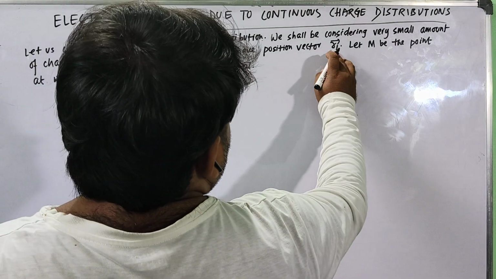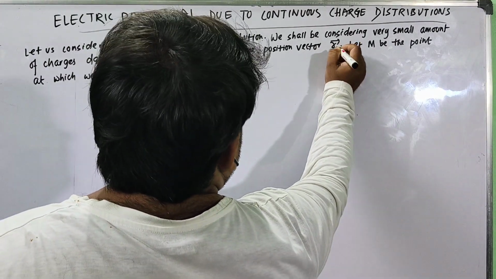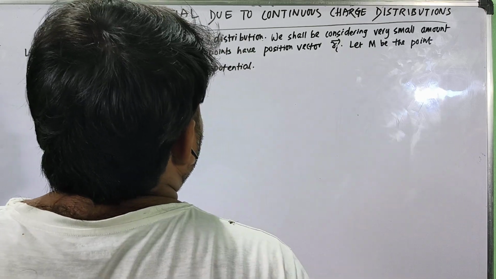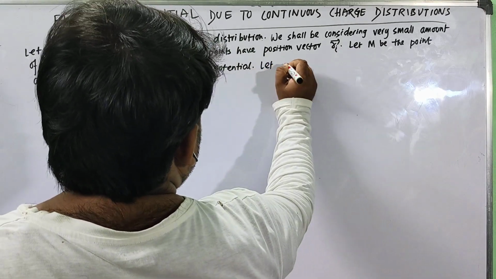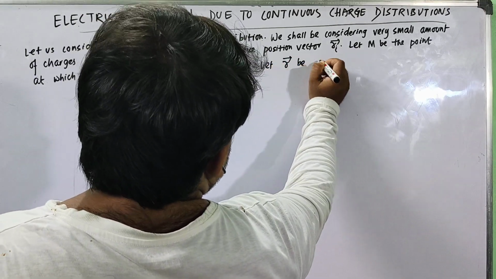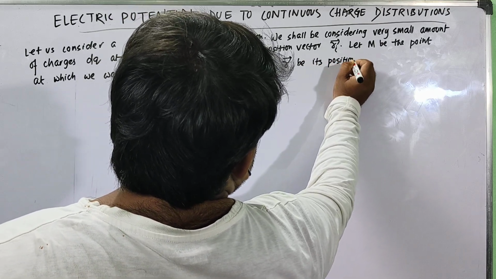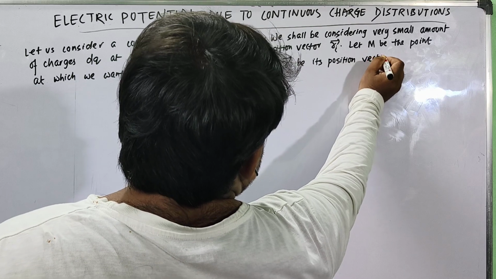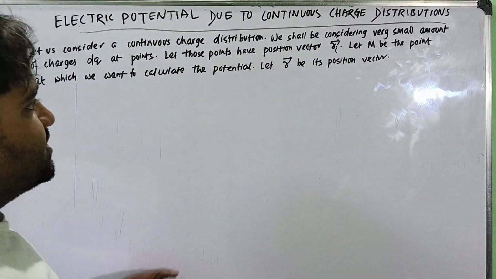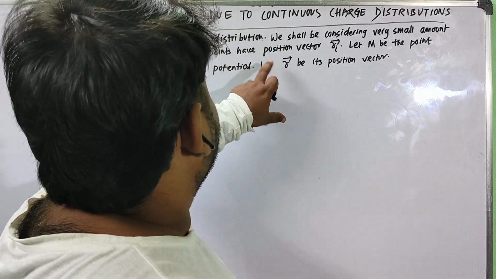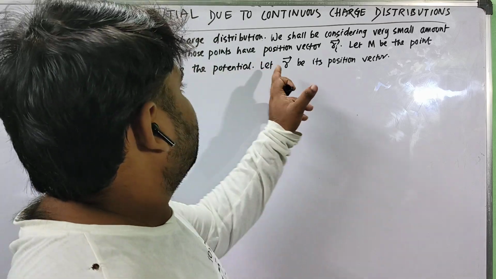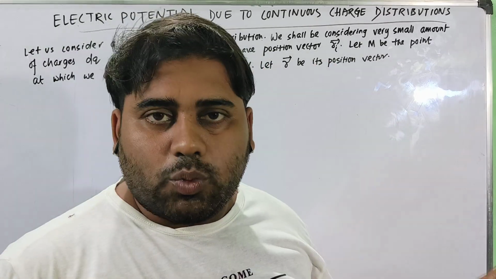This is Ri, not R1, it is Ri. Let R be its position vector. So if R is its position vector, those points have position vector Ri with respect to point M.